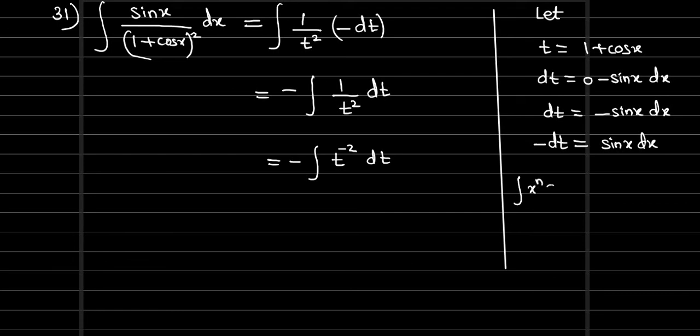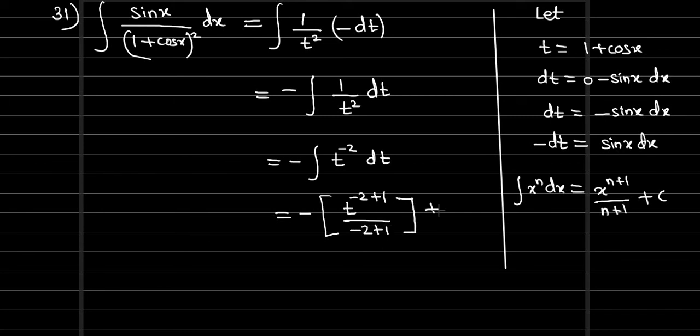Integral x power n dx is x power n plus 1 by n plus 1 plus c. Whatever we have for the power, we need to add plus 1 and the same power we need to repeat in the denominator. So we have t power minus 2 as the power.